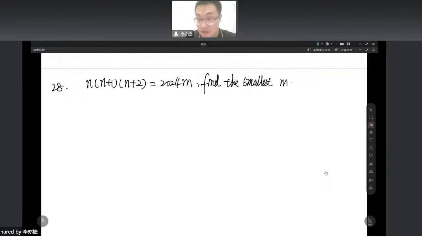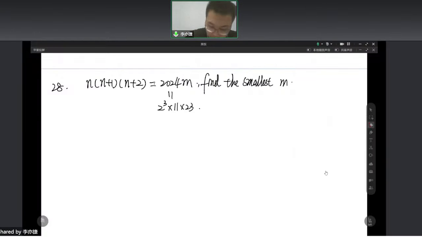So the key point for this question is that 2024 is 2 times 11 times 23. So the 2 is easy to satisfy. So maybe we just want to satisfy this 23 and 11. So we should find two adjacent numbers that are multiples of 23 and 11.